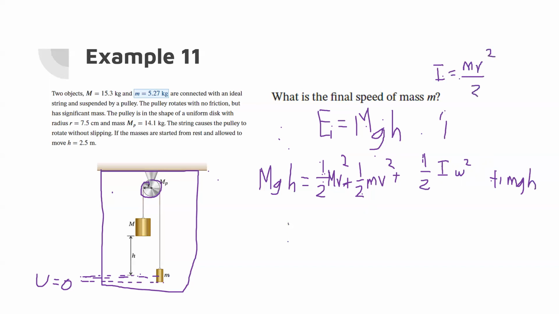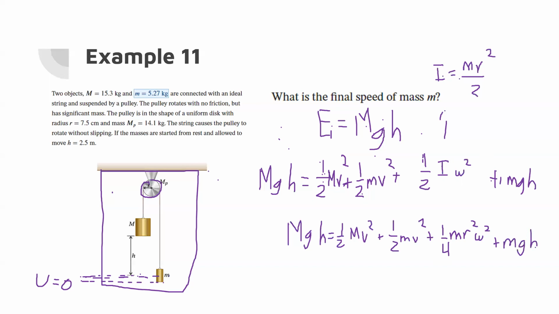If I do that, I get mgh equals 1/2 mv squared plus 1/2 mv squared plus 1/2... Actually, I'm going to go ahead and multiply that through, and get 1/4 m, and that's going to be r squared omega squared plus little m h.